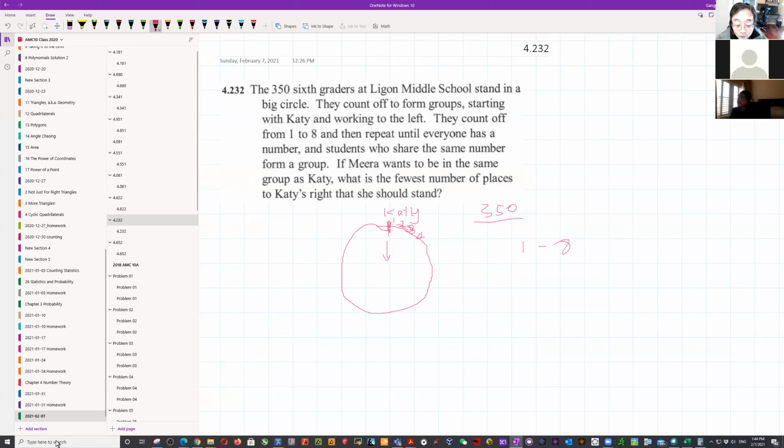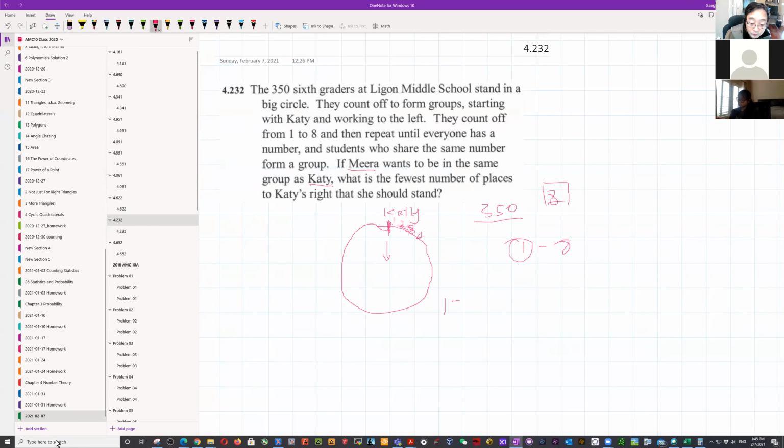So basically what we are trying to see is the remainder of that number mod 8. So if Mara wants to be in the same group as Katie, what is the fewest number? Katie is remainder 1 mod 8 because we are counting by 8.